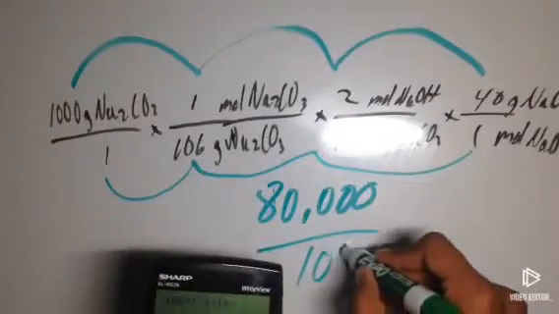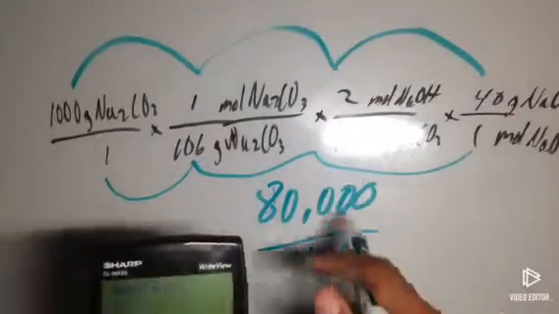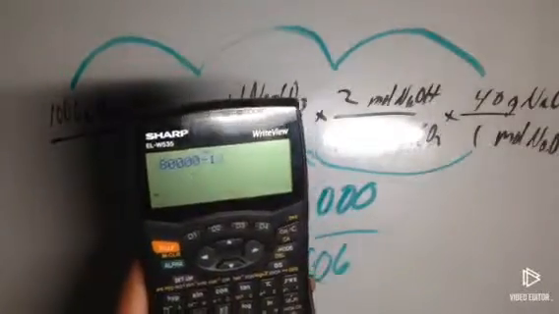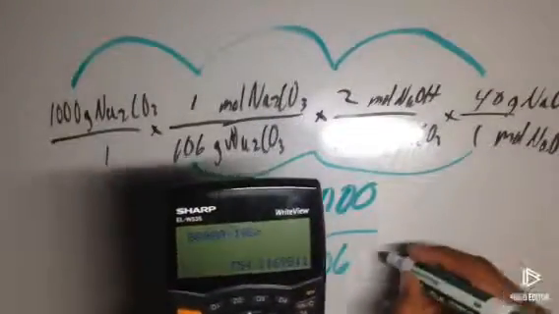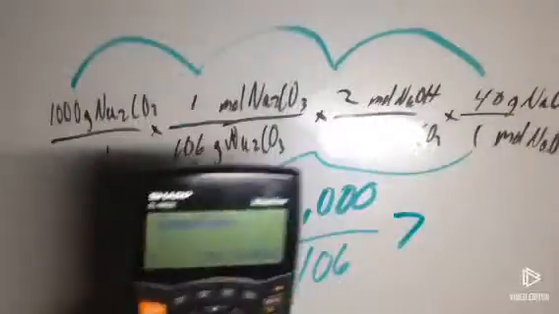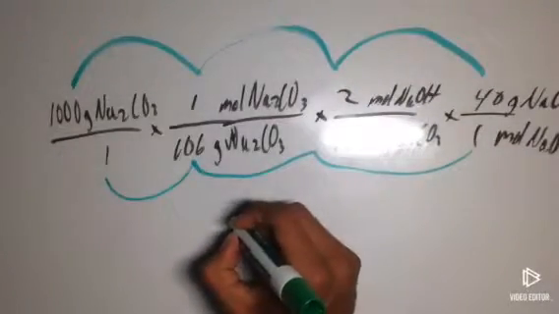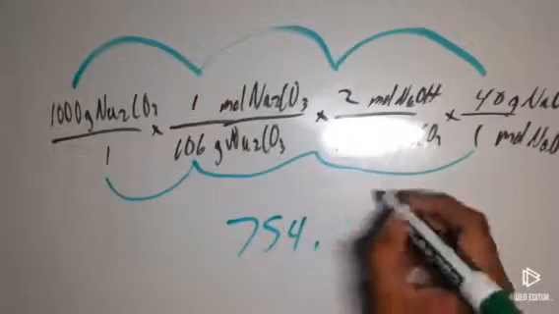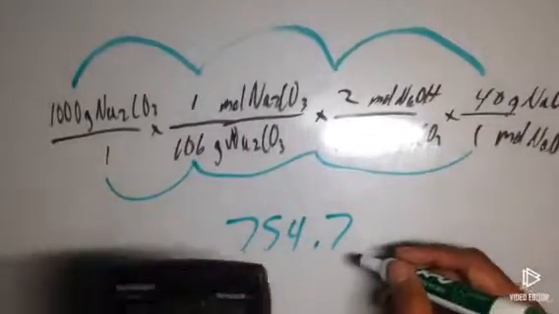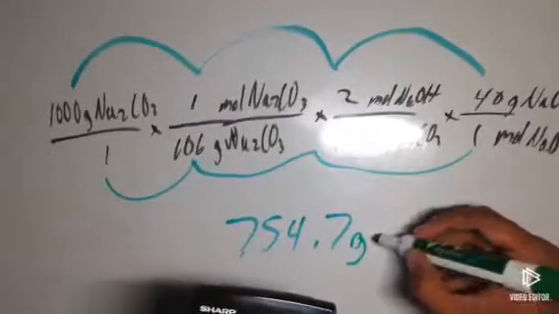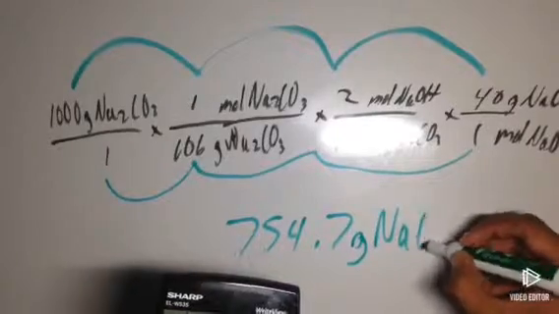Then we just divide: 80,000 divided by 106, which is 754.7, and this is going to be the grams of what we were trying to figure out, the NaOH.